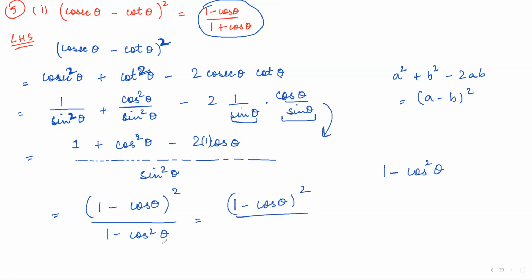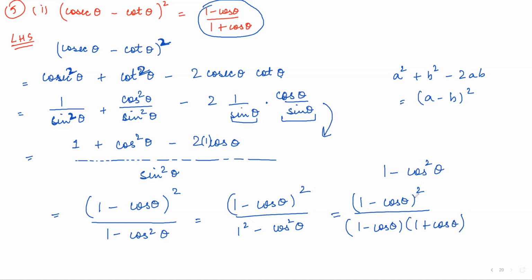Now 1 minus cos square theta can be written as 1 square minus cos square theta, that is a square minus b square. So I can write it as 1 minus cos theta into 1 plus cos theta, a plus b into a minus b. So one power of the numerator will be gone now.